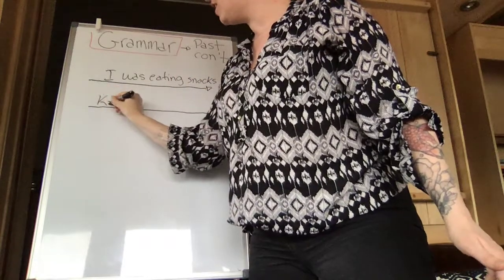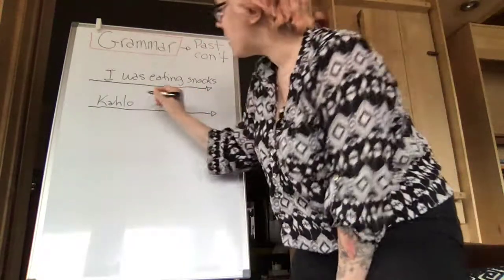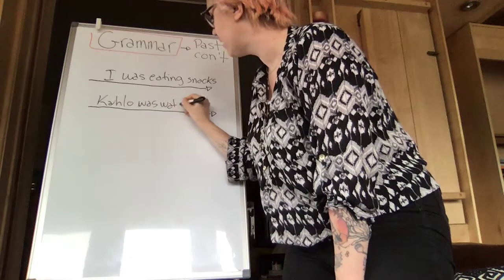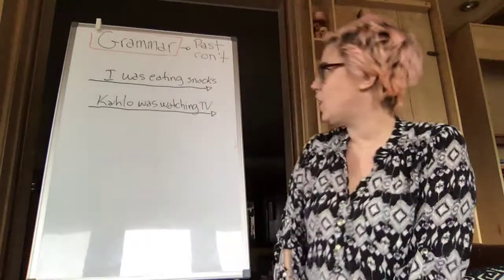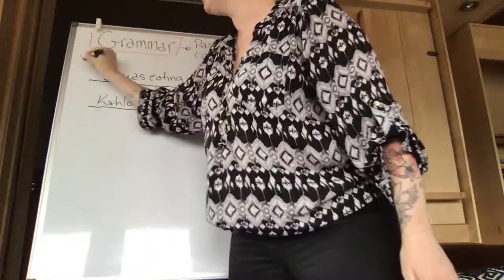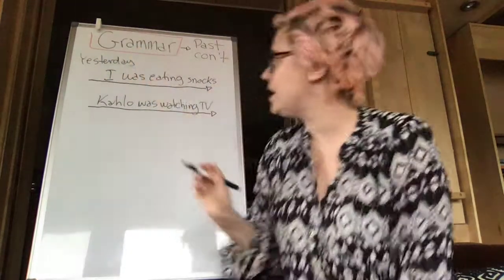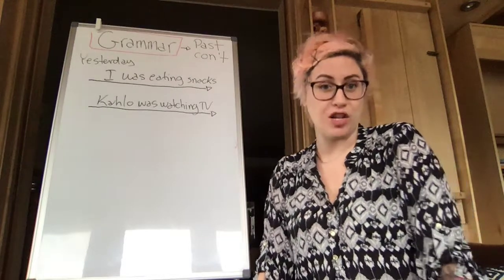My daughter, her name is Callow, that's my daughter's name. Callow was watching TV. Okay, so yesterday, I can put yesterday here. Yesterday, I was eating snacks and Callow was watching TV.